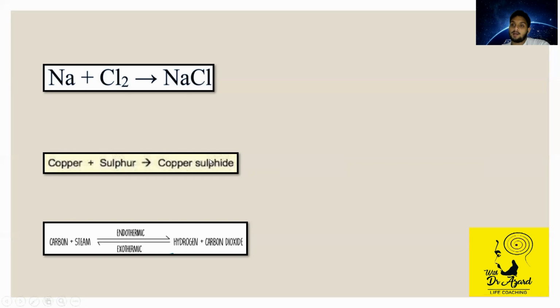So those are the two types of reactions, two types of representations: word representation and the symbolic representation. The other thing that you can see is there's another difference.